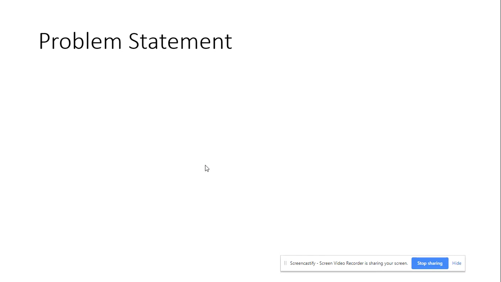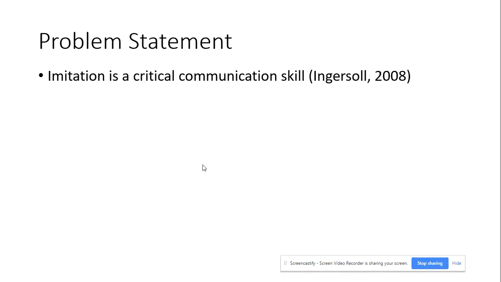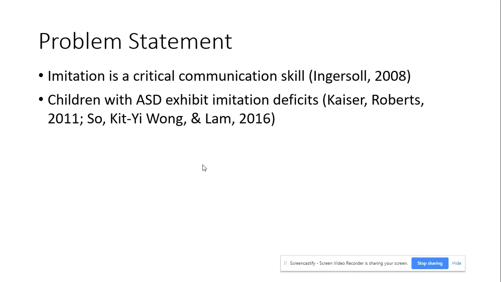As we mentioned earlier, the major problem for the children with ASD is communication issues. And in this study, we are looking at how we can improve the imitation skills of children with ASD. And the reason we are focusing on the imitation is because imitation is a critical communication skill.